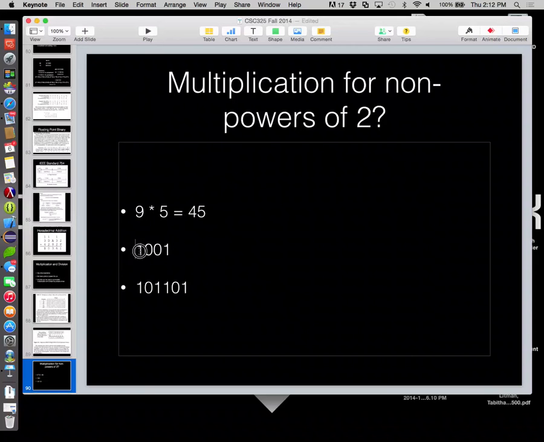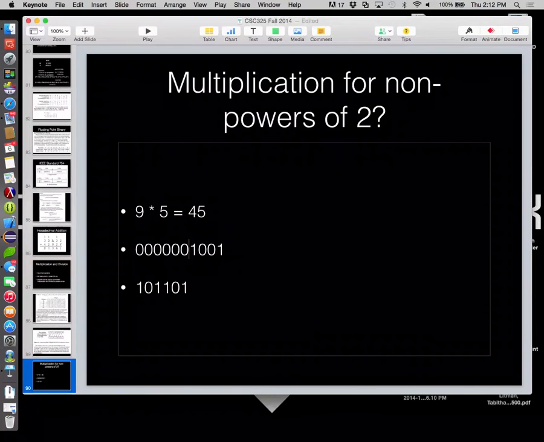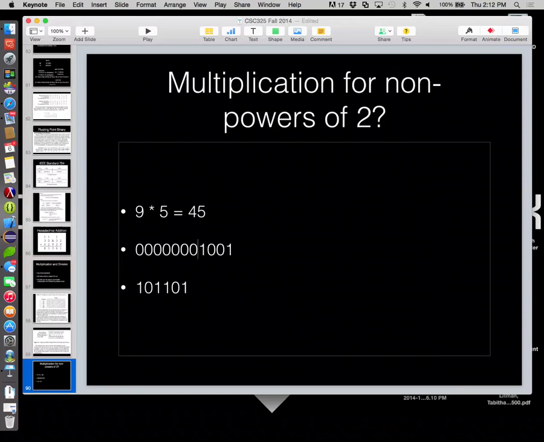And let's pad these out to bigger numbers. I want to do them as 32.